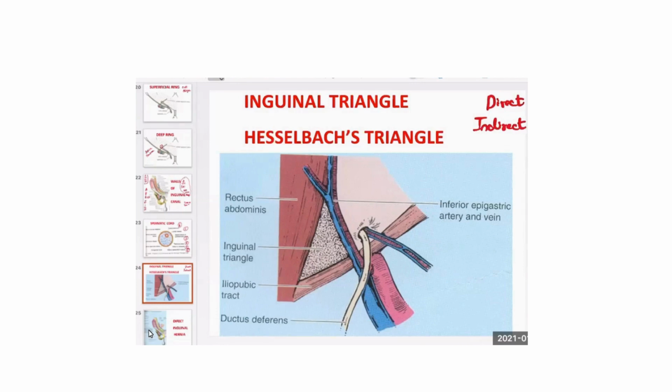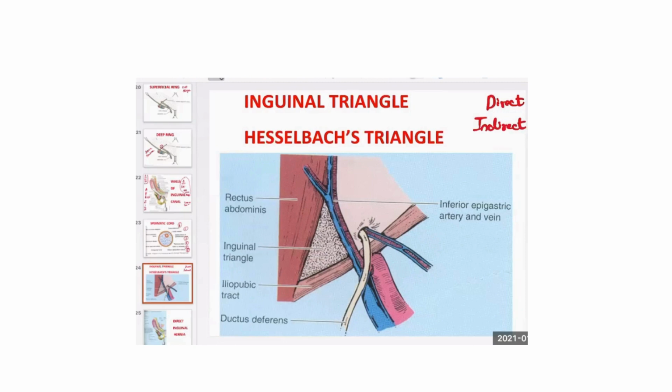Again, direct is divided into medial direct and lateral direct. There is an embryological remnant on the triangle called the median umbilical ligament, medial umbilical artery, which is on the Hesselbach's triangle and divides the triangle into medial part and lateral part. We know if it is through the triangle, it is direct hernia.